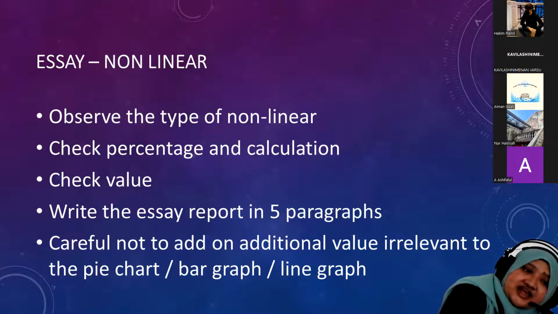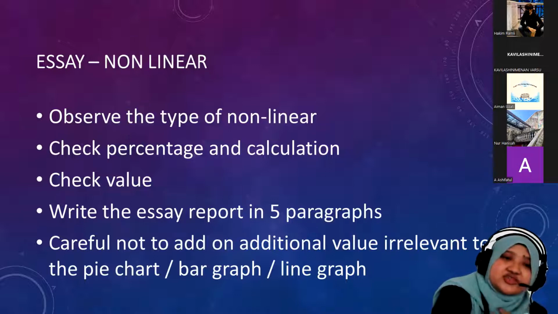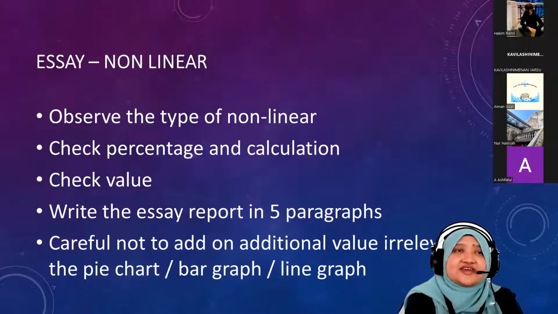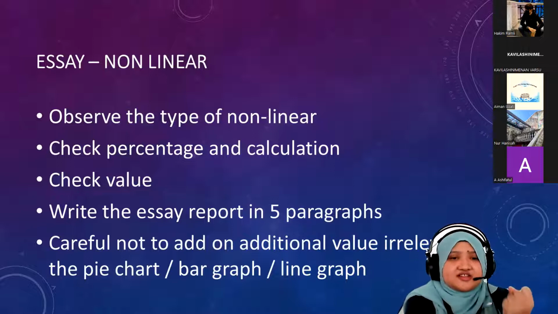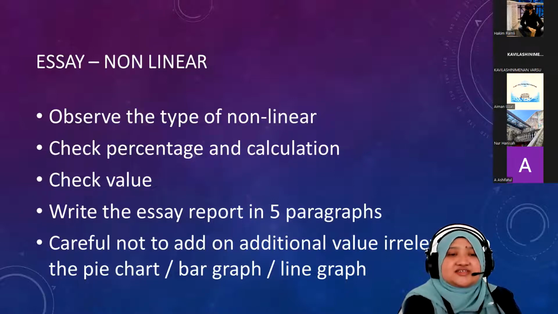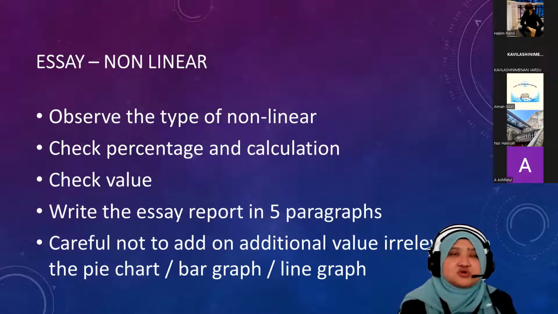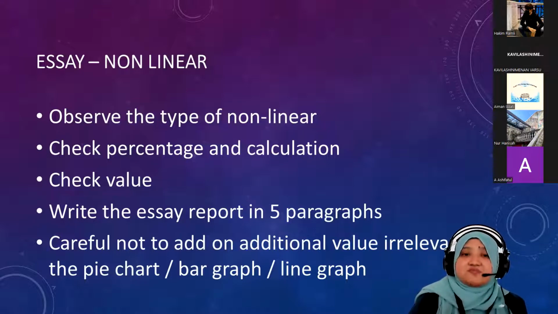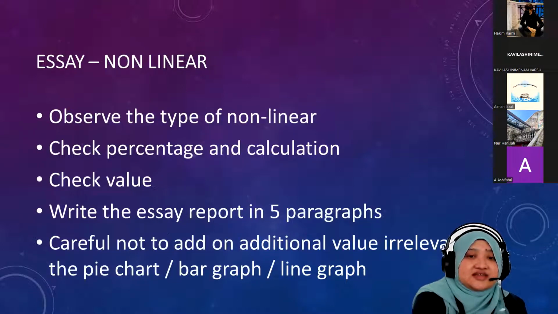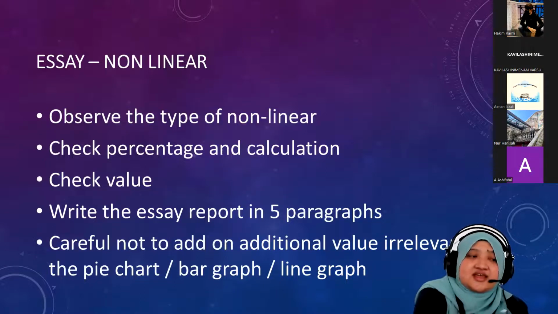If the pie chart already has 100%, don't go adding another 20%. So it's 120%. Does not exist, right? So be sure that you do not accidentally add on any irrelevant values or personal opinion about the issue that is given or stated that is irrelevant to the content.